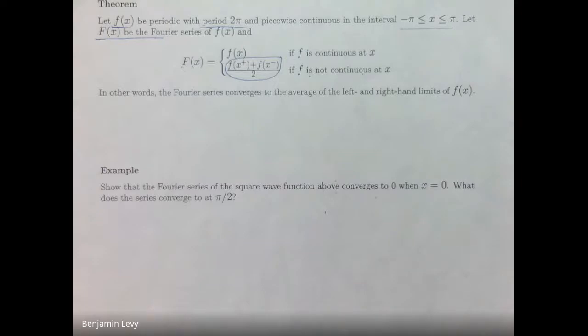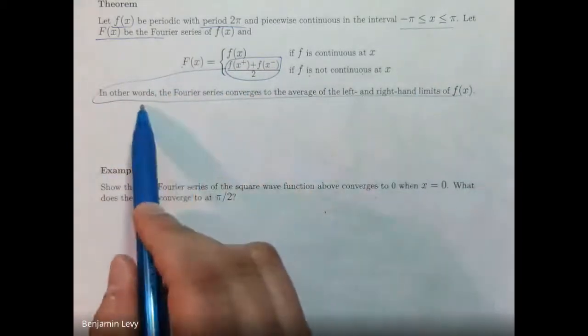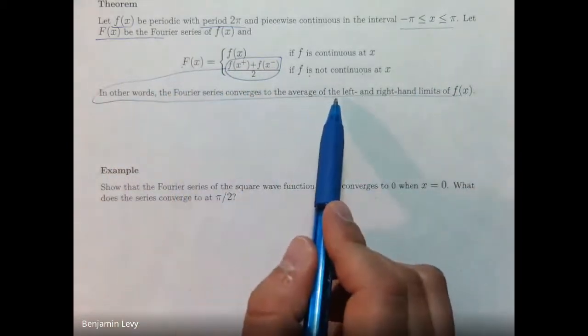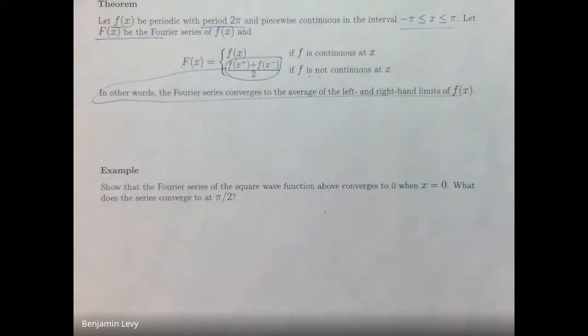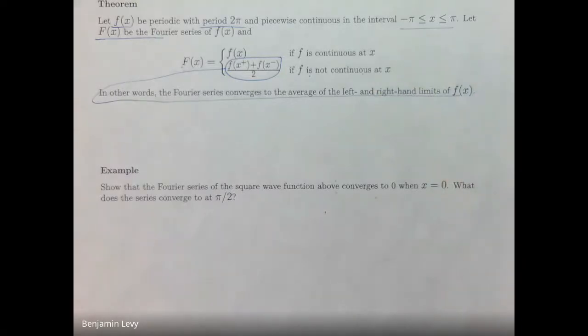And so that's exactly what it says right here. In other words, the Fourier series converges to the average of the left and the right-hand limits at points of discontinuity.